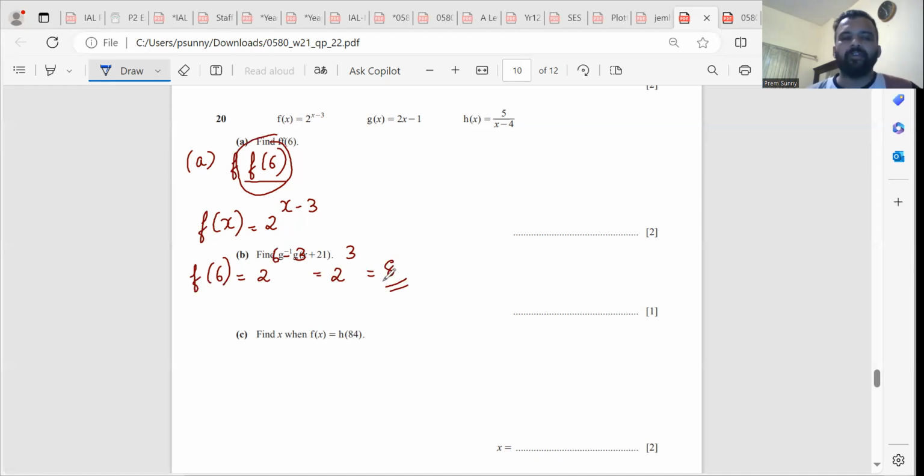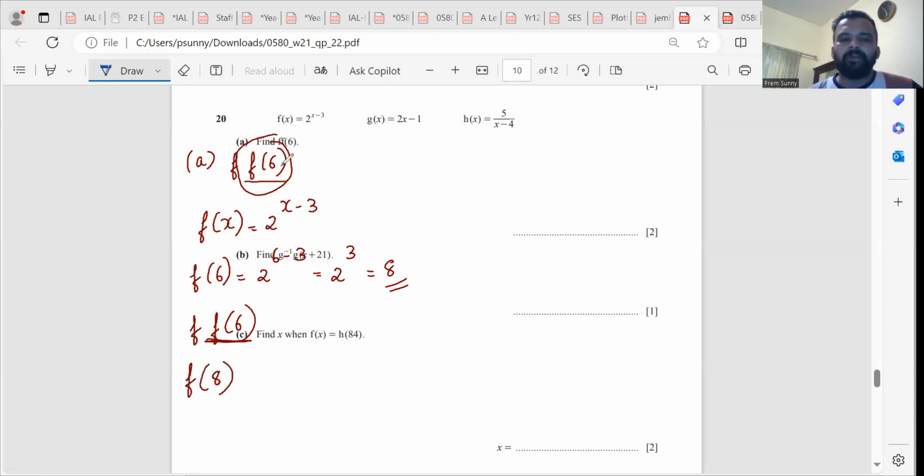Now f of 6, we got the answer as 8. So I'm going to substitute f of 6 with 8.